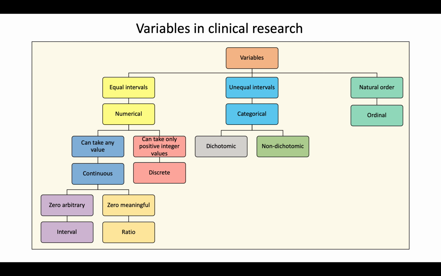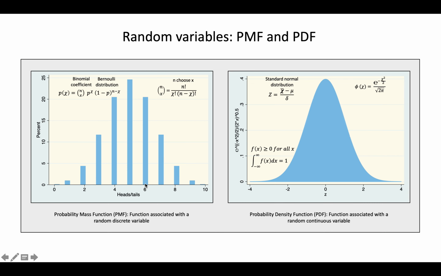You know how to differentiate interval and ratio variables when we are talking about the continuous variable, but I just brought this slide to emphasize that purely from the statistical perspective, there are only 2 random variables, which are the continuous and the discrete ones.